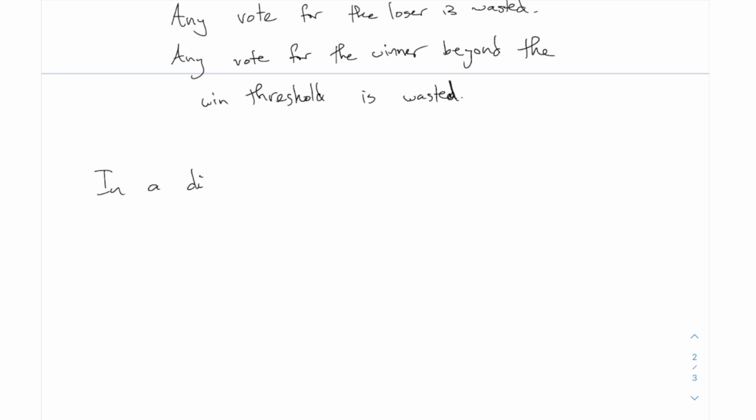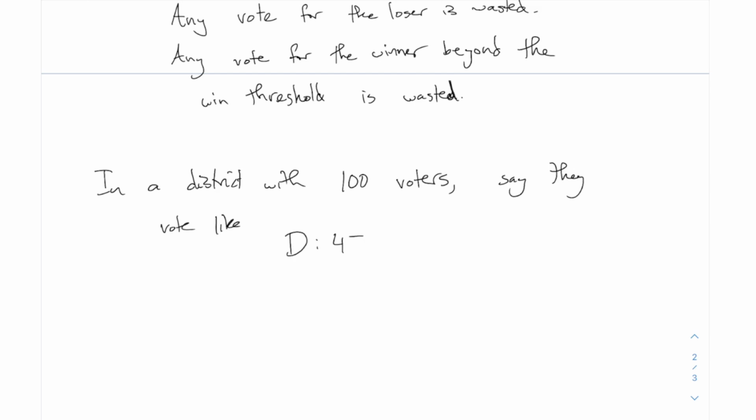In a district with, let's say, 100 voters, let's just say Democrats and Republicans. Let's say 47 voted for the Democrat and 53 voted for the Republicans. How many wasted votes are there, and by whom?